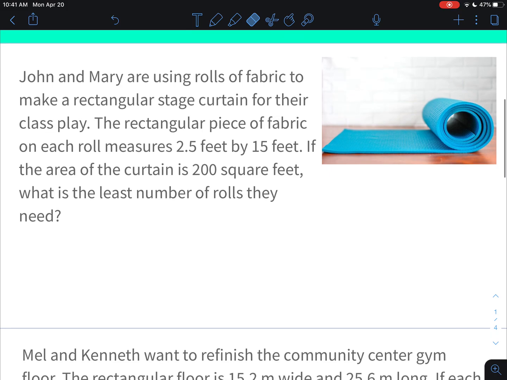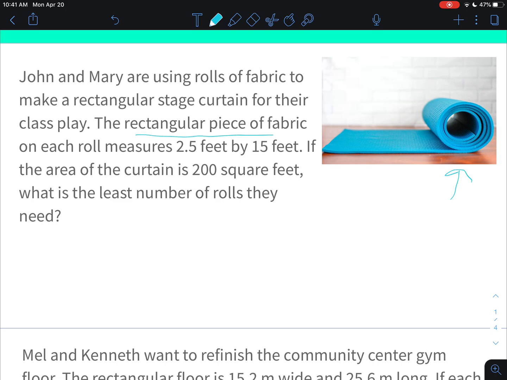So, the first one, John and Mary are using rolls of fabric to make a rectangular stage curtain for their class play. When you buy fabric, it usually comes in rolls, just like that one. And when you roll it out, it gives you a rectangular piece of fabric.